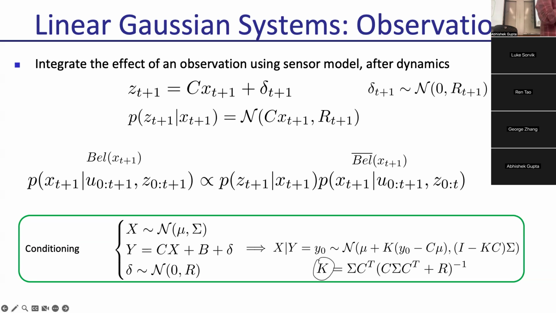And so let's do our pattern matching first, and we'll try to get some intuition again. From a pattern matching perspective, what is X going to be here? So X would correspond to belief bar x_{t+1}. You can think of X as your state, Y as your measurement, right?